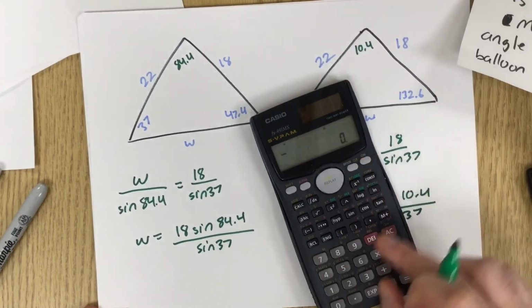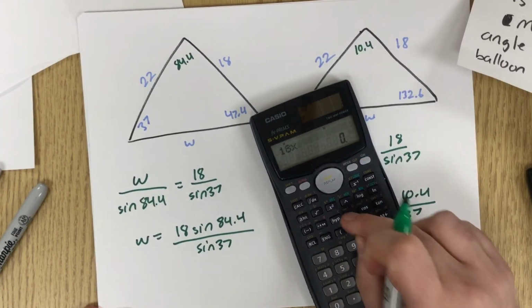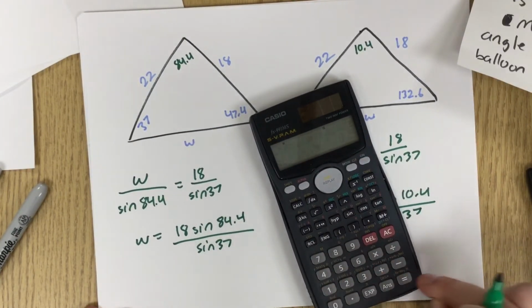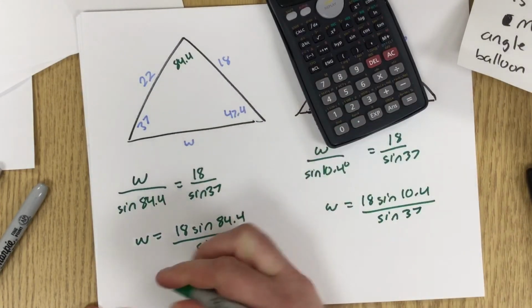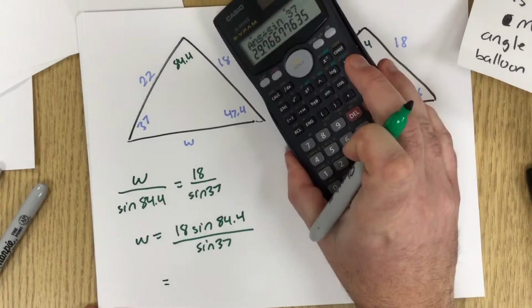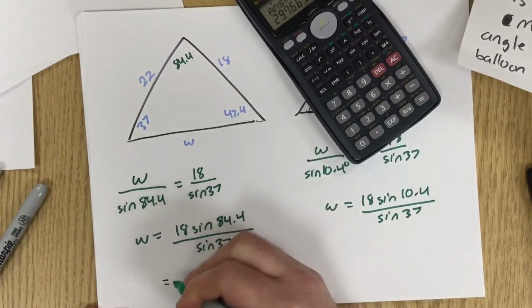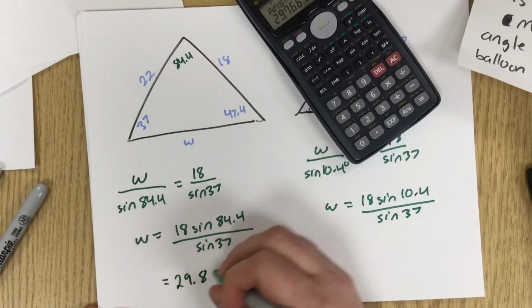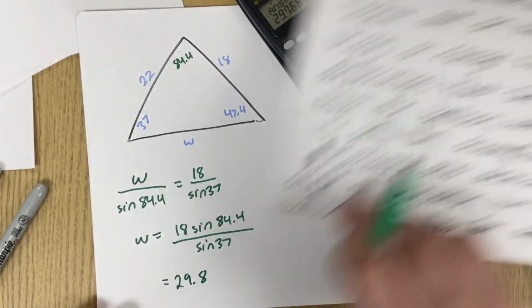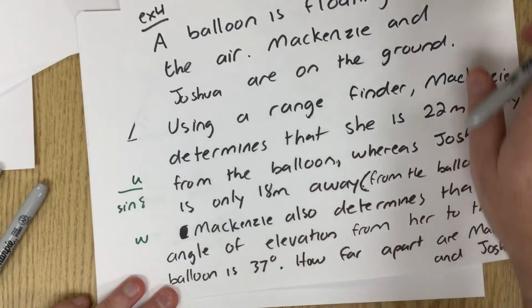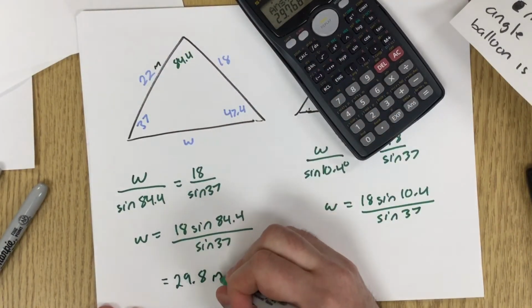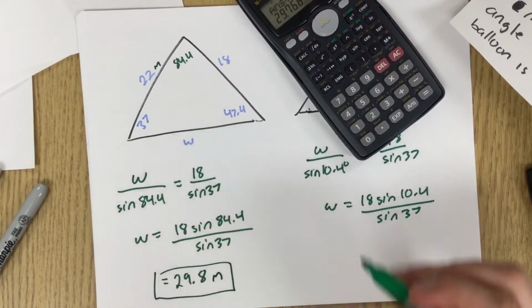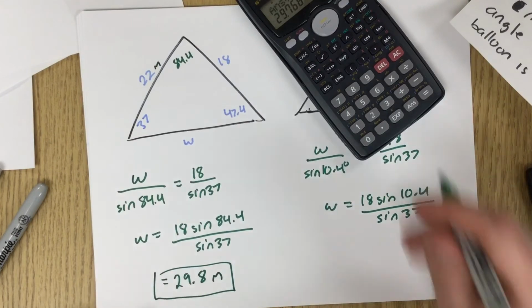And we're putting it all together now. 18 times the sine of 84.4 divided by sine 37 is about 29.8. And this problem had meters, which means that these distances are actually meters, so this distance is 29.8 meters.